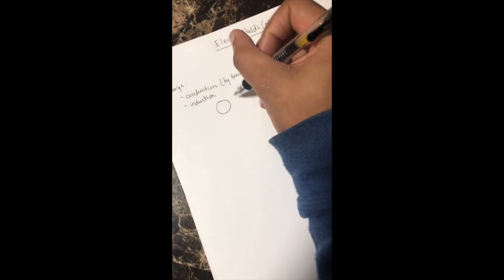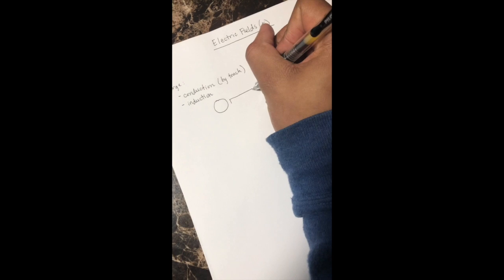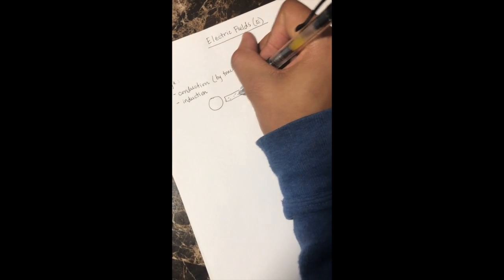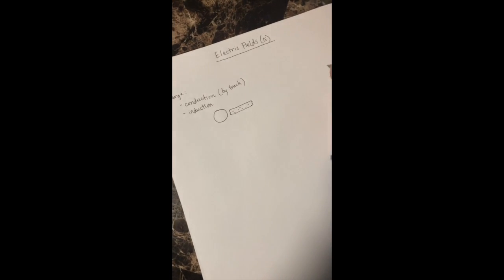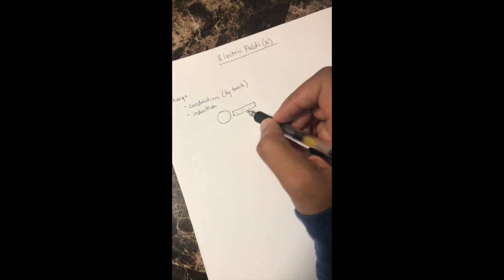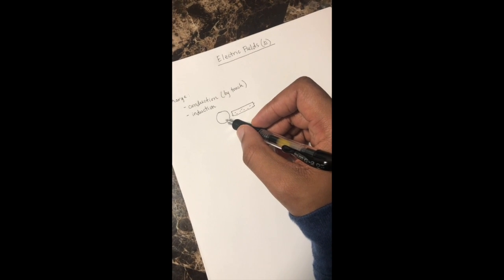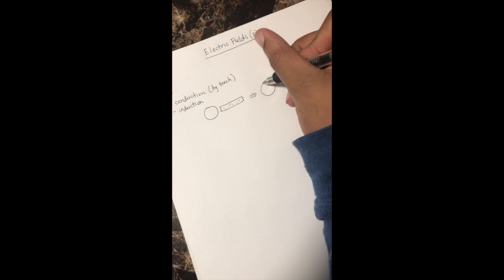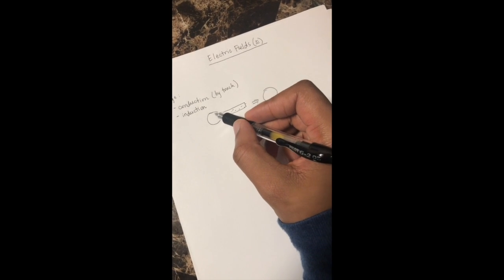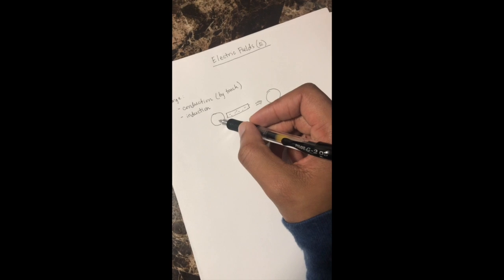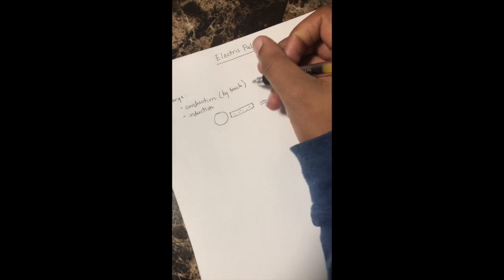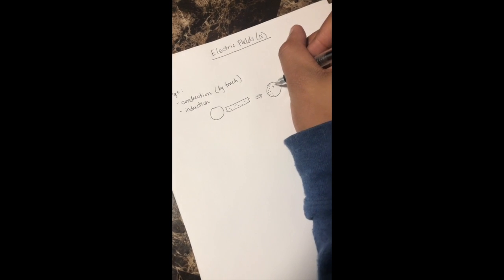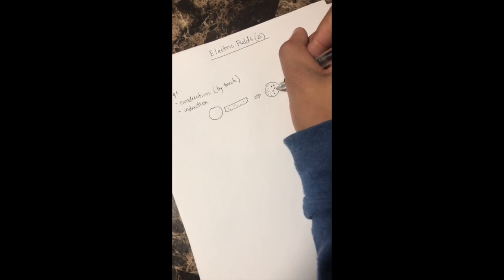So let's say I have a neutral object and then I have a negatively charged object. What's going to happen is if I put this negatively charged object near this neutral object, all the electrons on this side are going to flow to that side of the object because remember, the electrons want to get as far away from each other as possible.